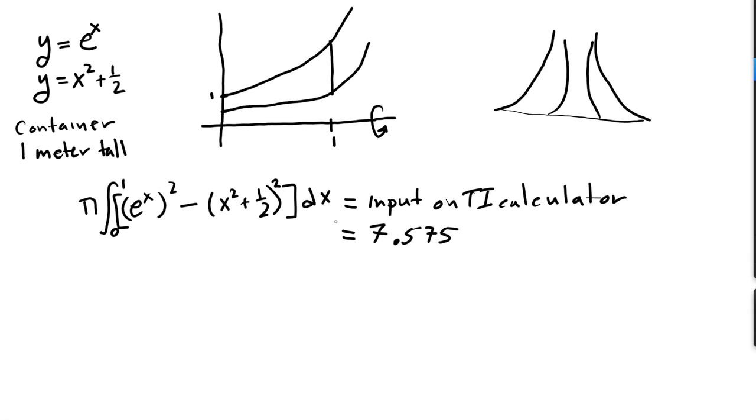So what this tells me, because I started with meters, is that I have 7.575, and since we're going to volume, that is now meters cubed of material. So there's an example of what you might use this for.